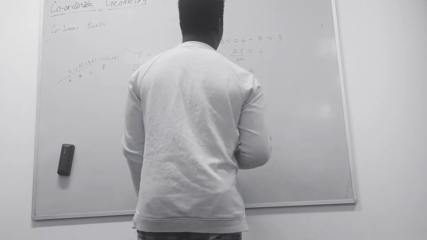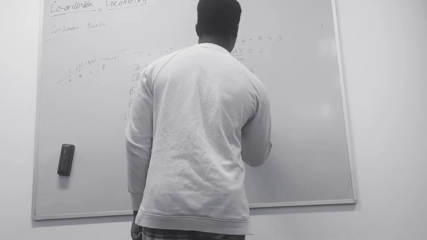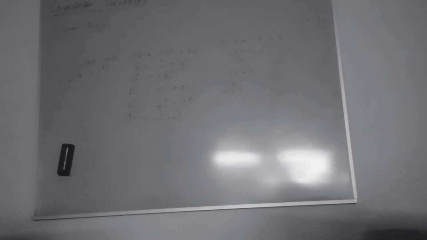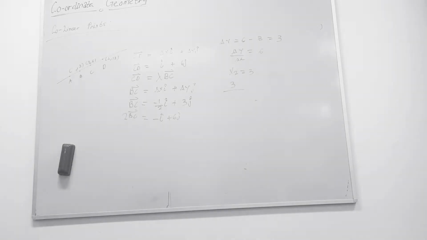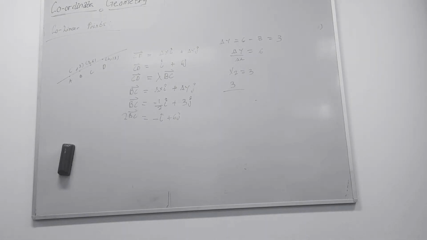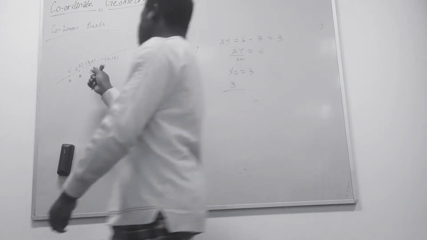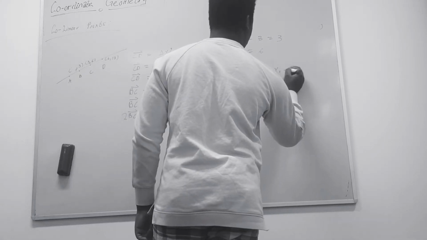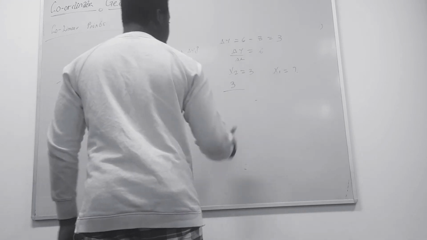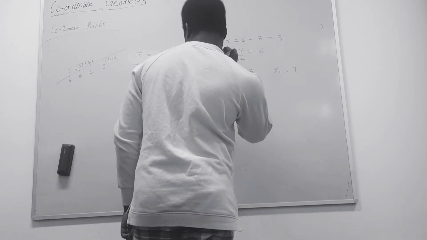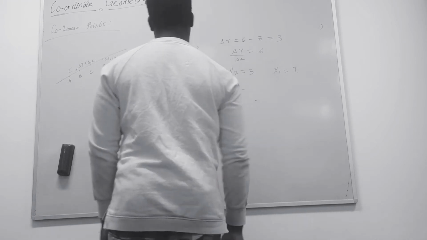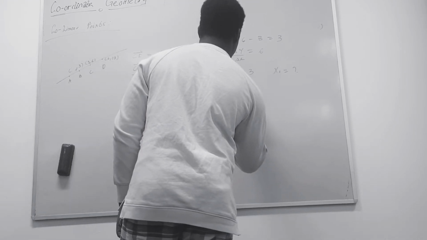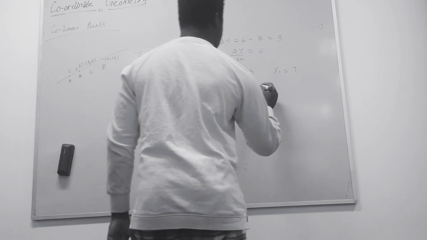So I know that delta y for me is 3 divided by, I know x2 is 3, so x1 is unknown. That's what we're looking for. So 3 divided by x2, what's x2? 3 minus x1 is equal to 6.